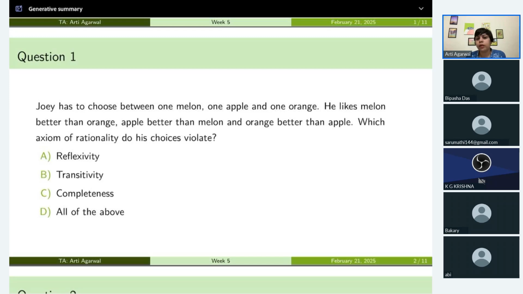Like you can say, okay, I like orange the same as an apple, but you have to be consistent in your ranking. And what we mean by that, I'll come to that. But that is one of the most important criteria in defining a utility function, and we'll come to the utility function shortly in today's class itself.